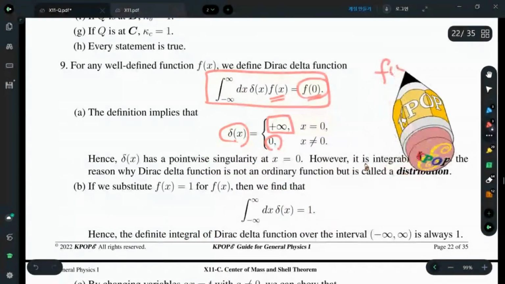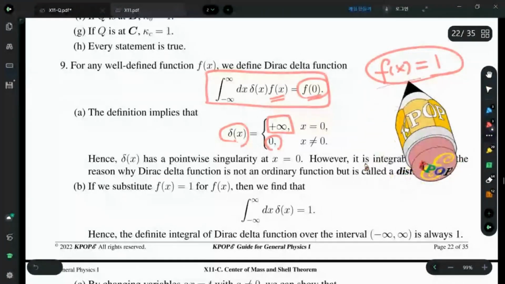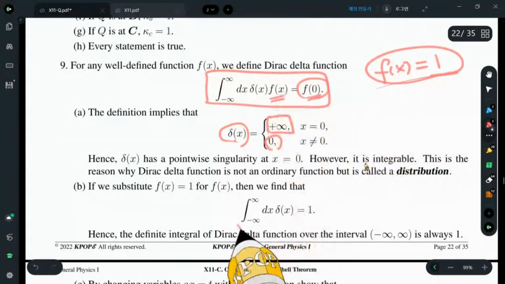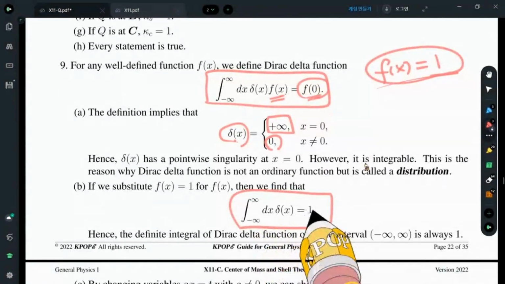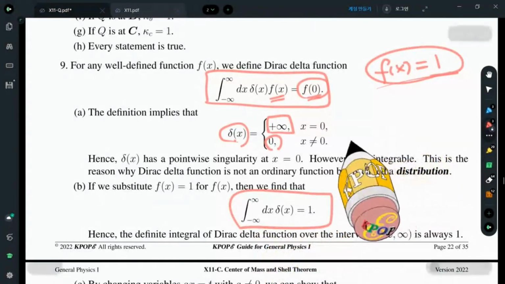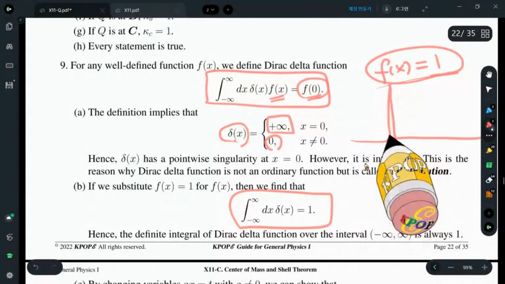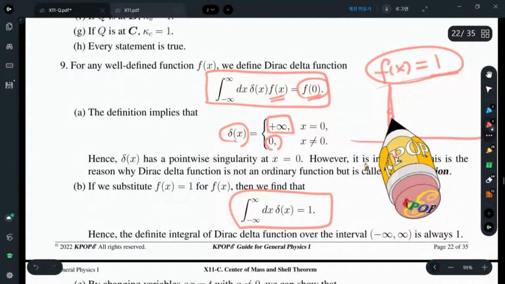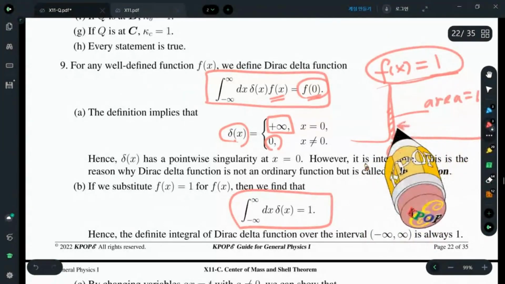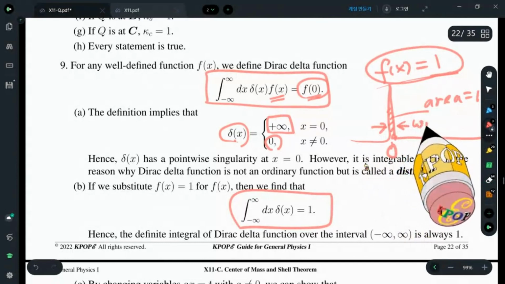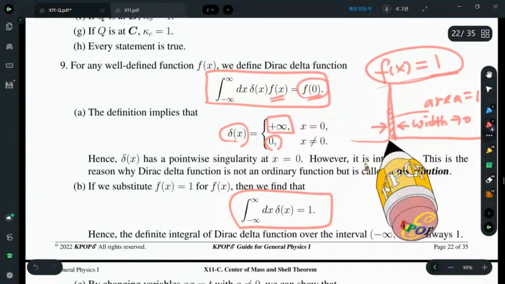If I substitute f of x equal to a flat, constant function, what I find is that the integral of delta is just 1. What's that? It is like a very sharp peak at 0, but this area is 1, while the width goes to 0, the very sharp one.